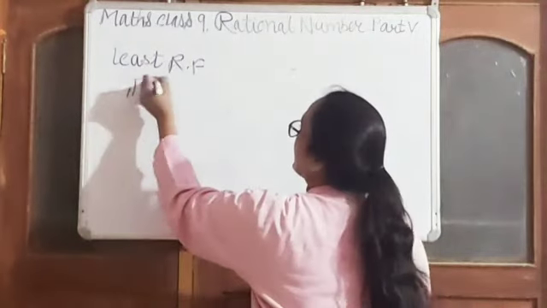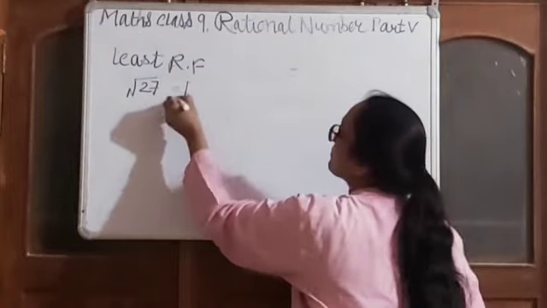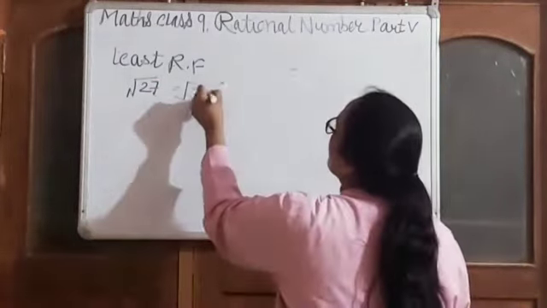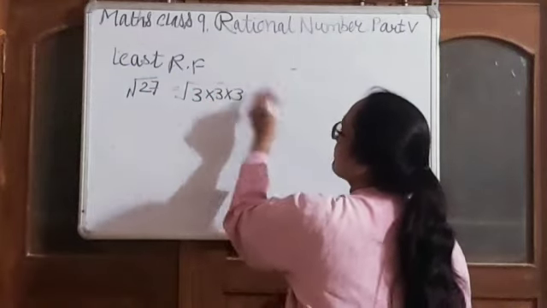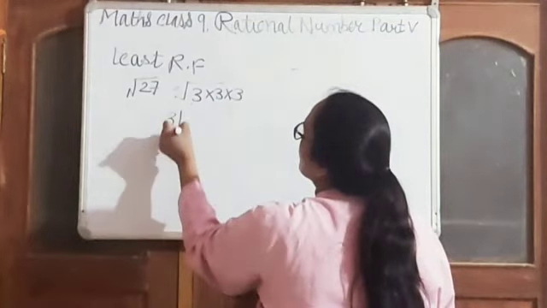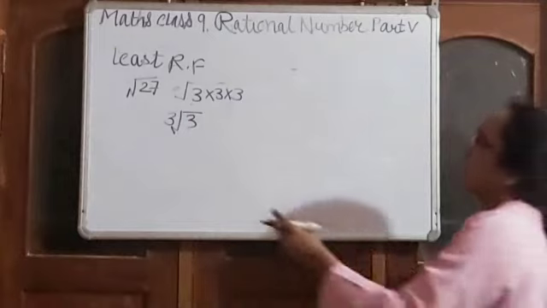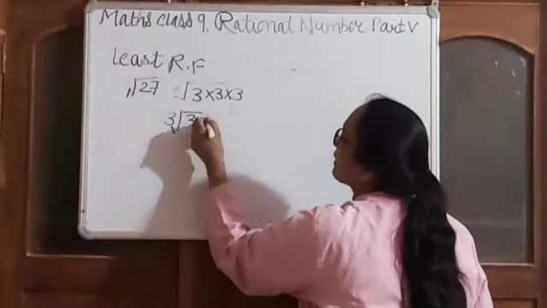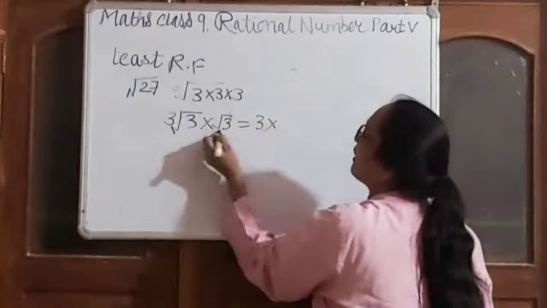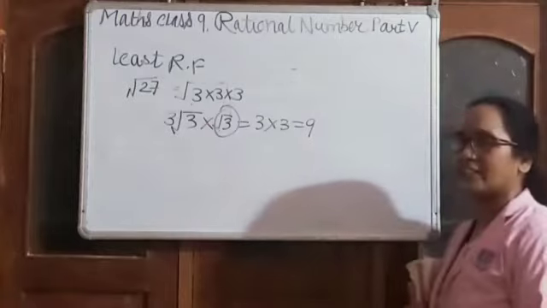Root 27 means 3 into 3 into 3. 3 into 3 is 9, and the square root of 9 is 3. So it is 3 root 3. We have to find the least rationalizing factor. When we multiply it by root 3, we get a rational number.